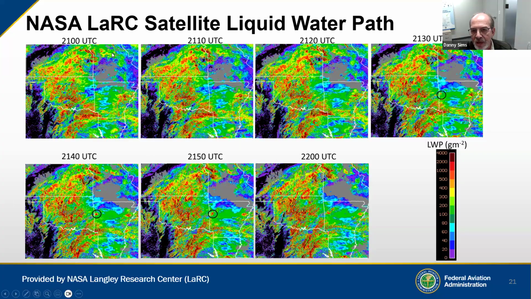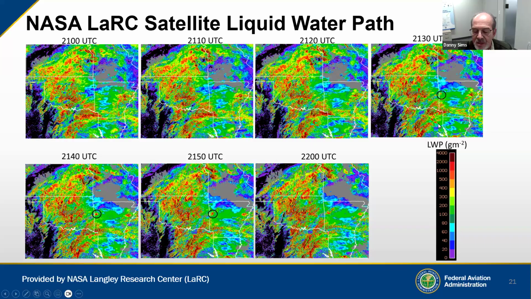If we start at the upper left, we're at 2100 UTC, 1600 local time, and we step through in 10-minute increments. What I want you to focus on is that by 2130, here in western Arkansas, where that circle is, we start to see a red area growing, which means, if you look at your legend and go from the greens to the reds, the liquid water path is increasing.